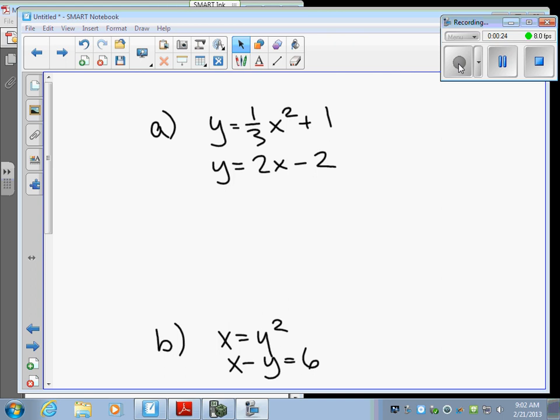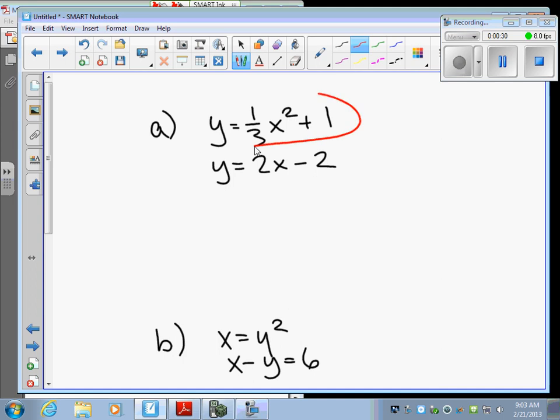I'm pretty confident that a lot of you understand that when y equals one thing and y also equals another thing, you can just use substitution and set those two things equal to each other.